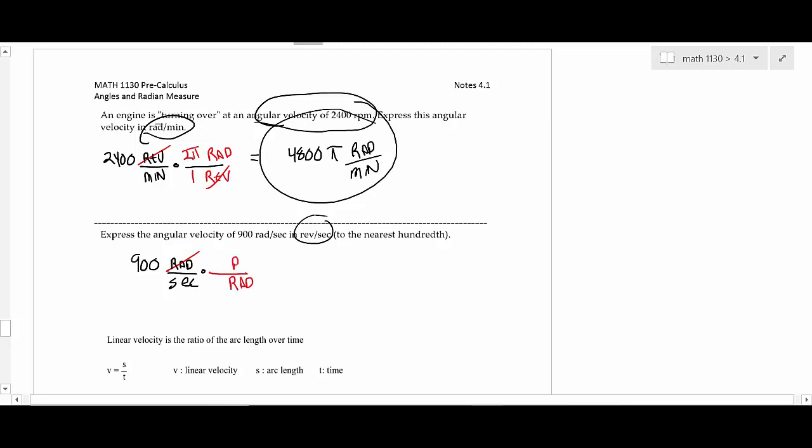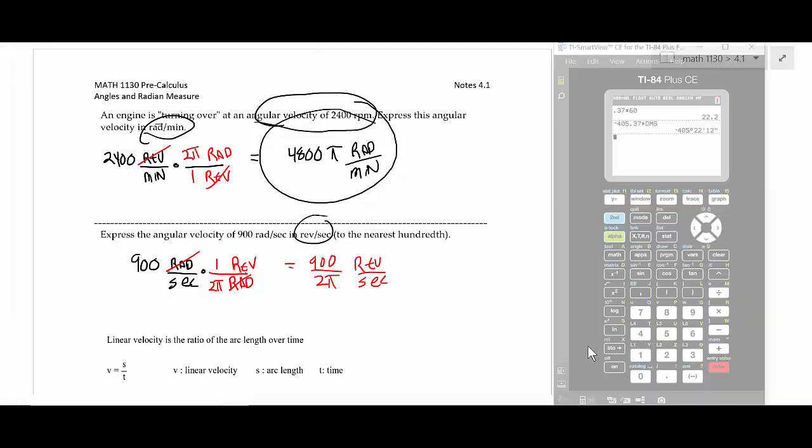You want to end up with revolutions, so that's on top. Okay, where does the 2 pi go, and where does the 1 go? 1 revolution, 2 pi radians. Okay, so it's different this time. It's backwards. Okay, so that would end up putting you in revolutions per second. So that would end up giving you 900 over 2 pi revolutions per second. And then I'm just going to take my calculator on this, just do a decimal.